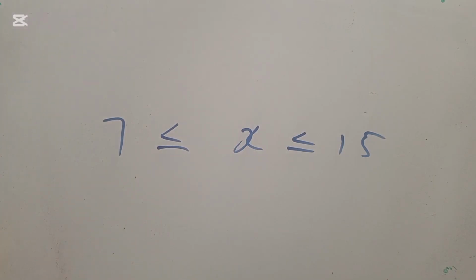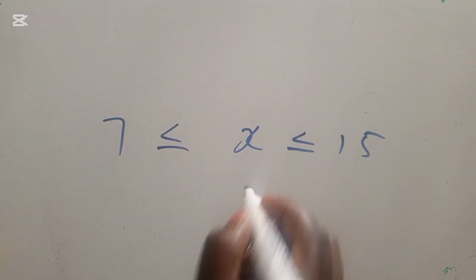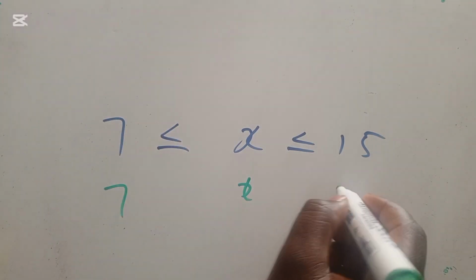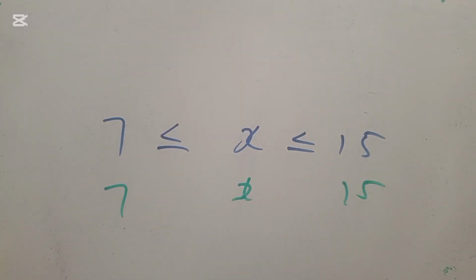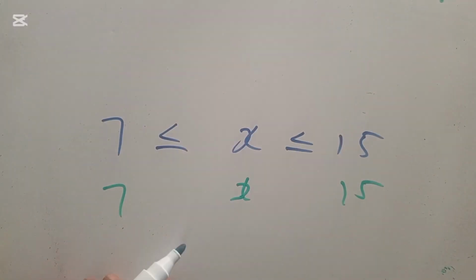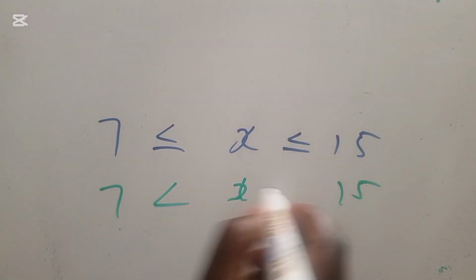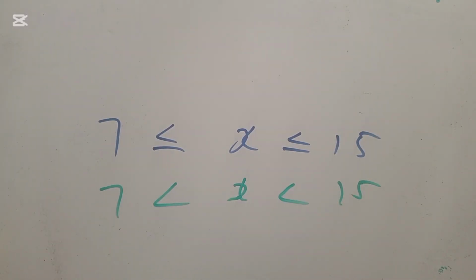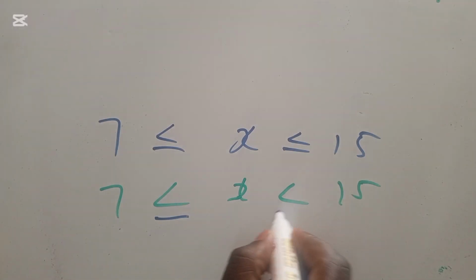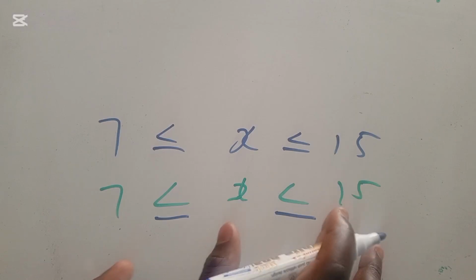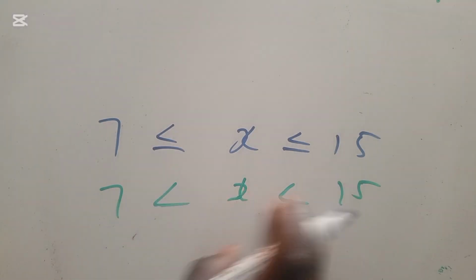By the way, it's also important to understand this, that when you have these two numbers, like you have x and 7 and 15, it is obvious when you are given such a number, x lies between. So when x lies between these two numbers, you will always have this sign. Then the question comes in, do you add this or do you add this on both ends, or you don't add anywhere, or you add on either of them?